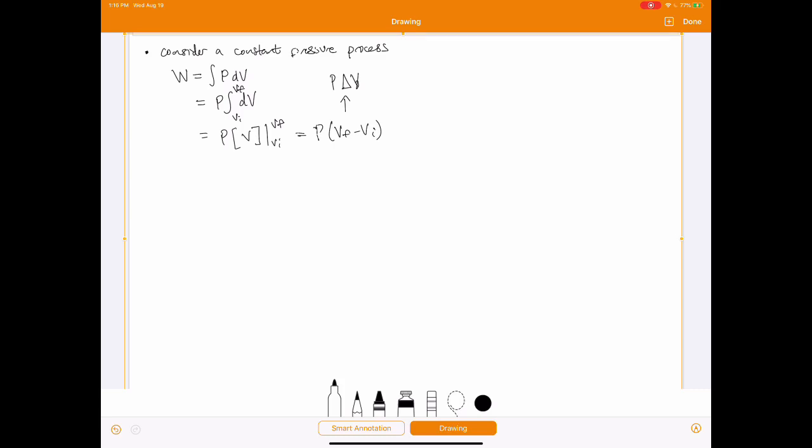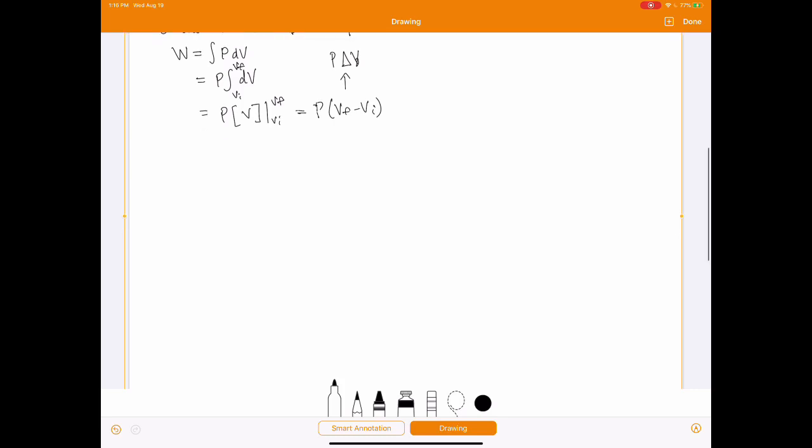But we can continue on with this. How about we look at the ideal gas law? PV equals nRT. Let's rearrange this and solve for V, which is nRT divided by P, right? Or if we write it another way, there's a constant nR divided by P out front. We know this is a constant because n, the number of moles of gas, is constant.